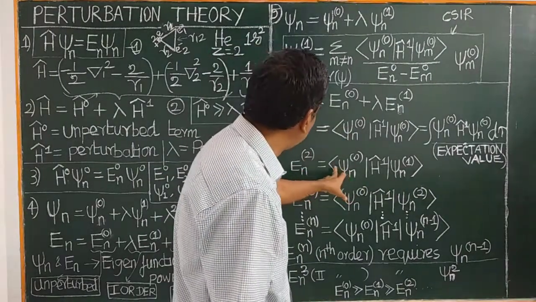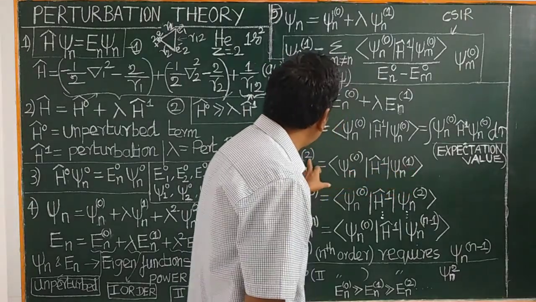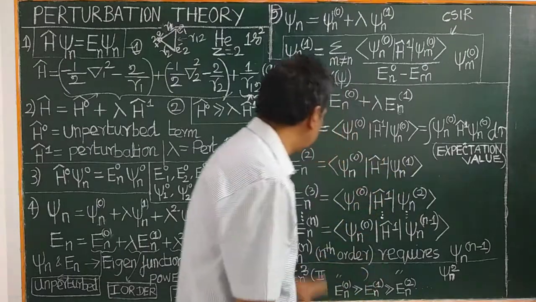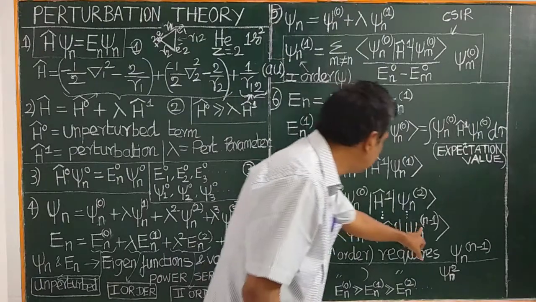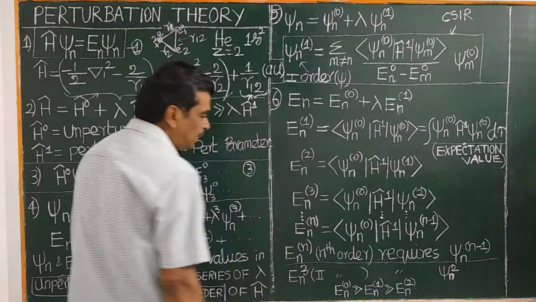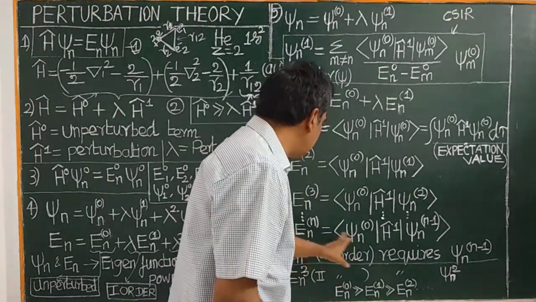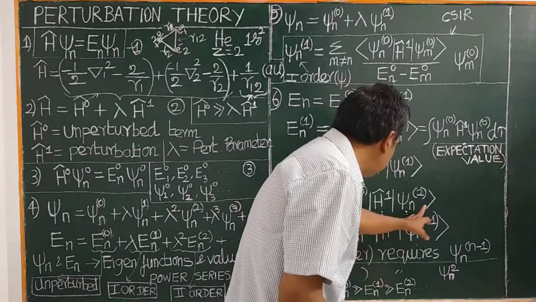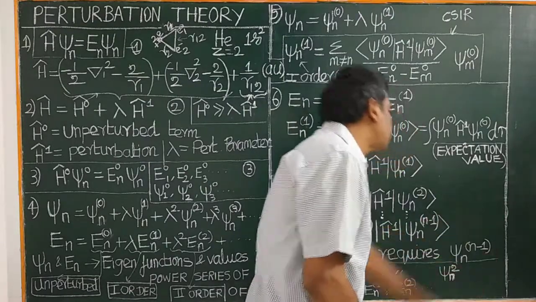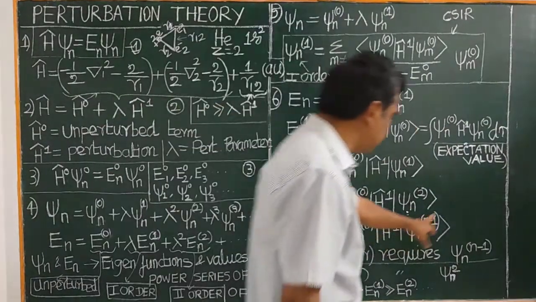En 2 equals psi n naught H cap prime psi n 1. Two means 1, three means 2; the other terms remain the same, En 3 equals psi n naught H cap prime psi n 2. Therefore, for the calculation of the nth order energy correction, we require the knowledge of the n minus 1 order corrected wave function.